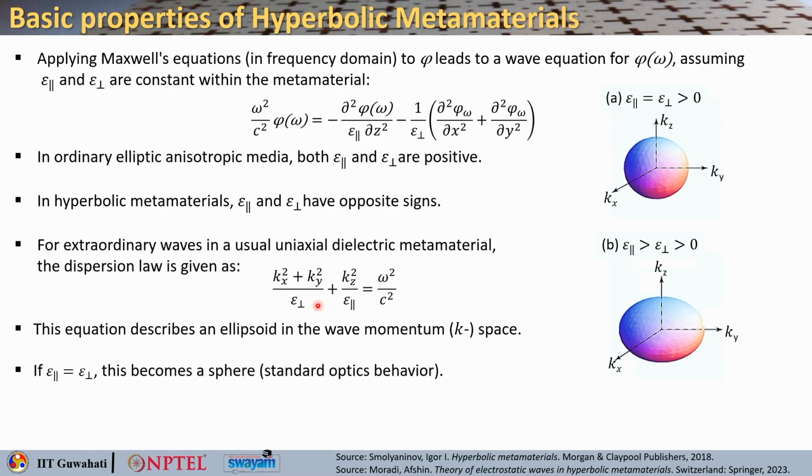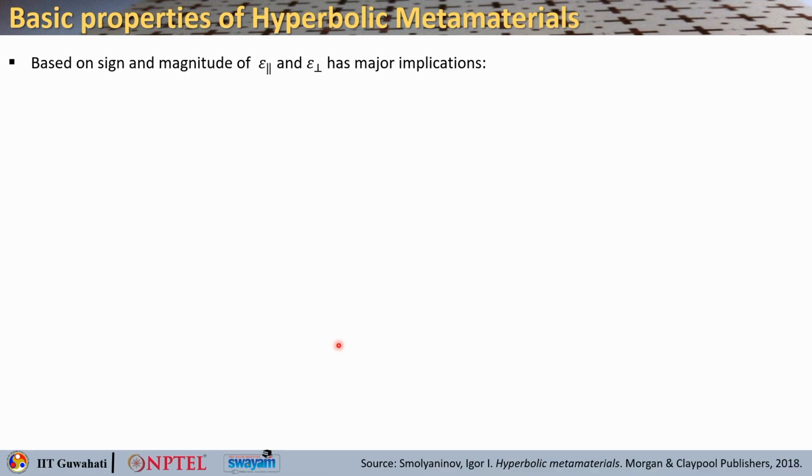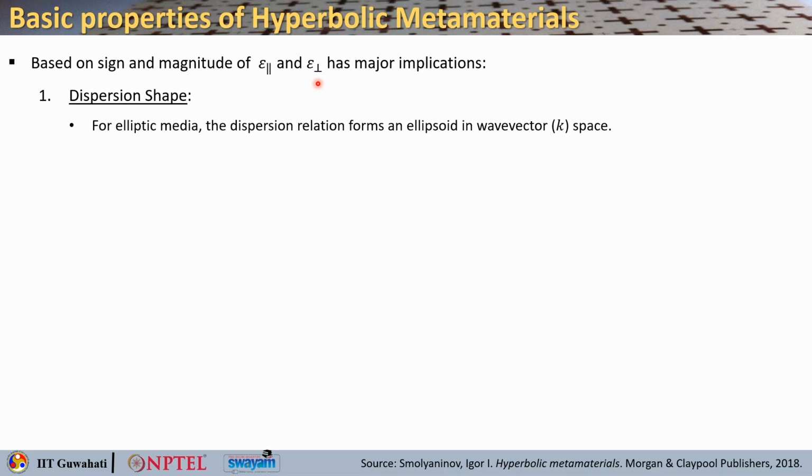Now, if you put in this equation epsilon perpendicular equals epsilon parallel, you will basically get this as a sphere, and that is the case in a isotropic medium. Now, based on the sign and amplitude of epsilon parallel and perpendicular, you can have some major differences. The first thing is the dispersion shape.